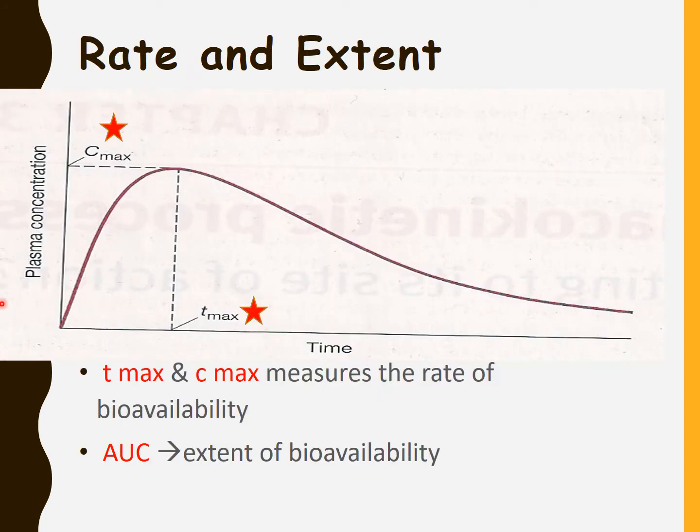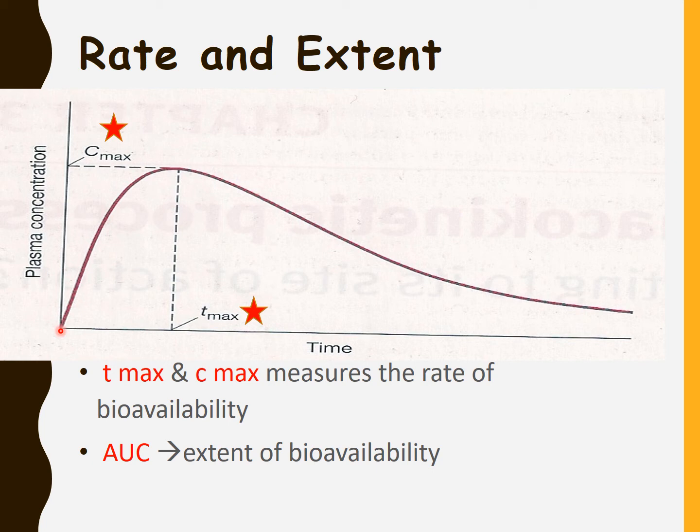See, here the x-axis is about time and the y-axis is about plasma concentration. We are administering one drug by some route; consider there is no route mentioned here, so consider it is the oral route or something else.